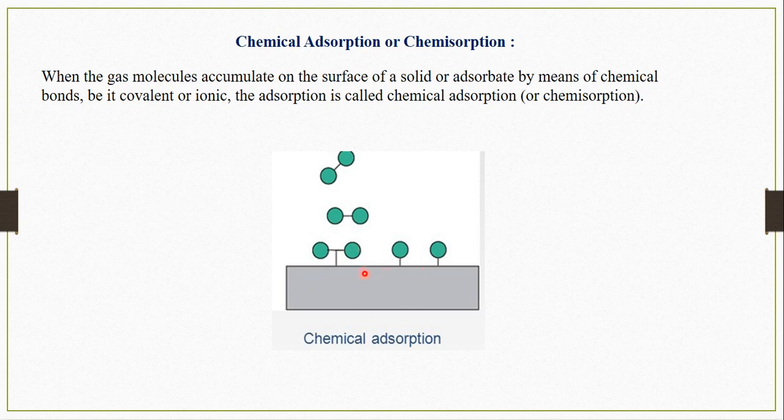When the gas molecules accumulate on the surface of the solid, the adsorbate is held by means of a chemical bond, and there is formation of a chemical bond. The chemical bond may be a covalent bond or an ionic bond, and such adsorption is called chemical adsorption or chemisorption.